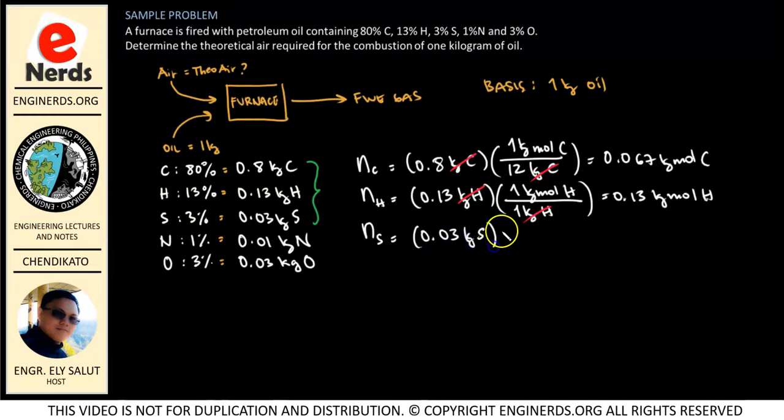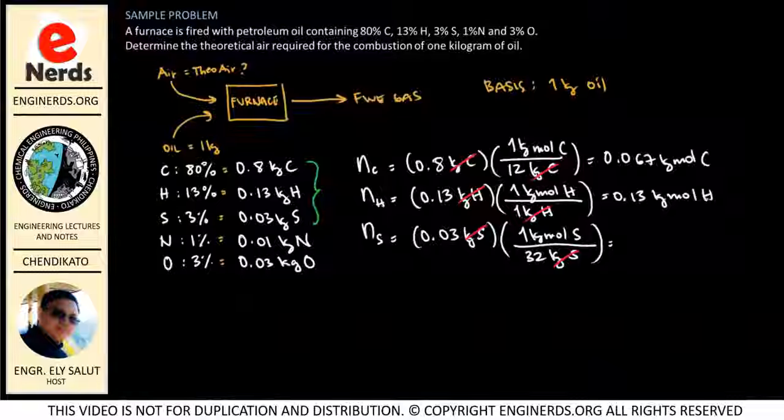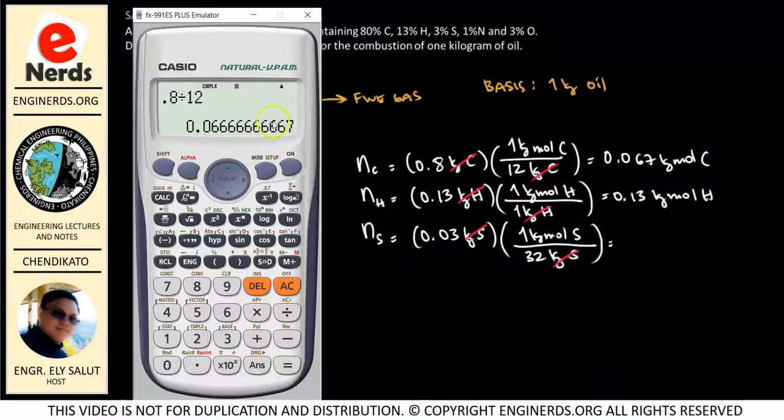For sulfur naman, we have 0.03 kilogram of sulfur. Multiply by the molecular weight of sulfur, which is 32 kilogram sulfur per 1 kilogram mole of sulfur. The weight of sulfur unit will be cancelled out, so what's left is kilogram mole of sulfur.